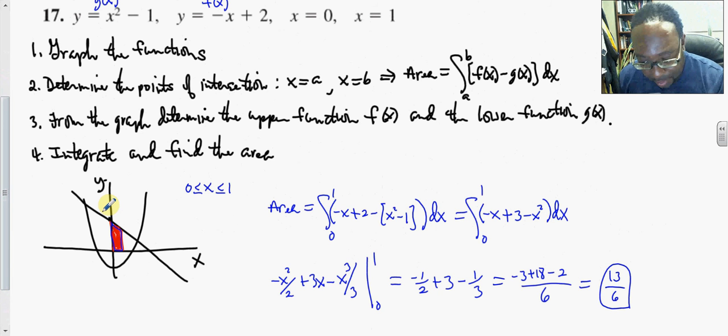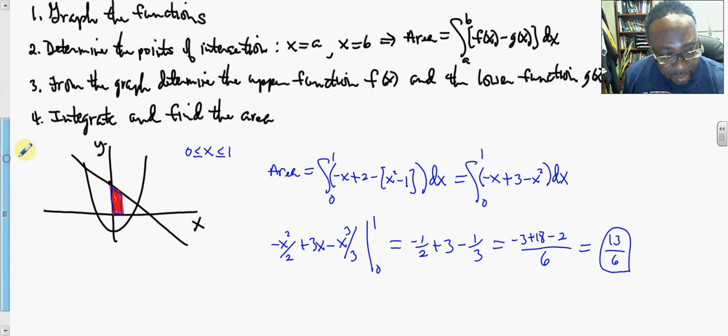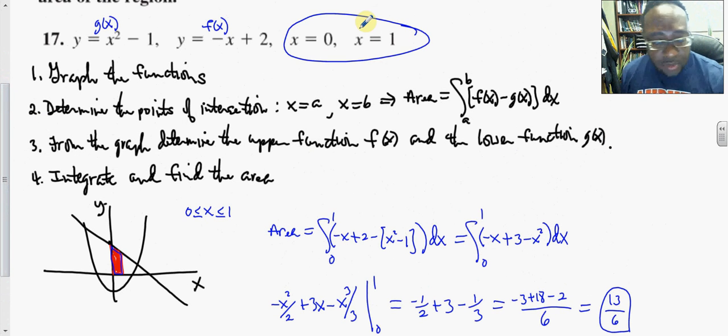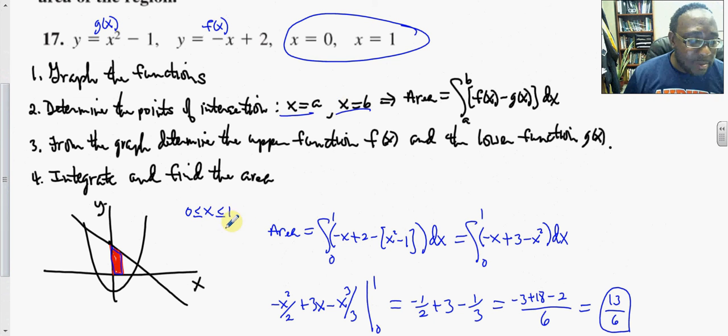But I am positive that this is correct. The graph may be a little bit shaky, and I saw that I could get away with it because they give us these boundary lines for x equal to a and x equal to b. It might not be the case in some of the other problems, and we'll see when we get there. And then I'll go into depth as well with these steps.